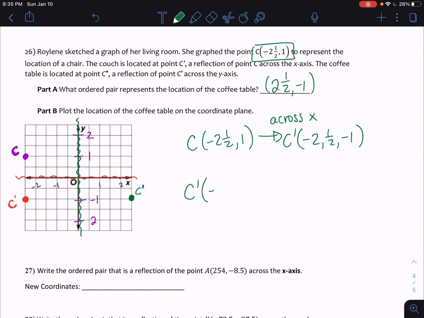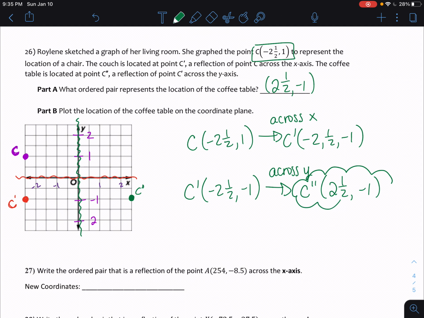And then I can go from C prime, -2.5, -1, across Y. Means that Y is going to stay the same and X is going to flip. And then I could just plot this point on the coordinate plane. So it completely depends on how you chose to solve that problem.